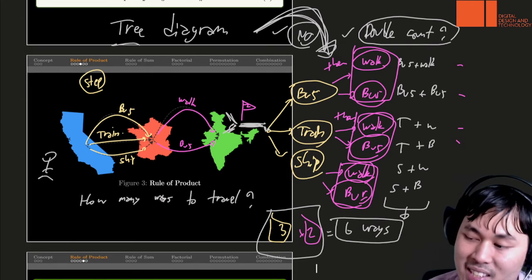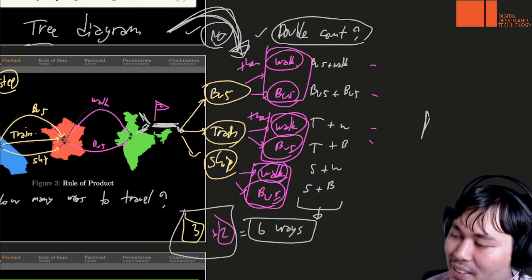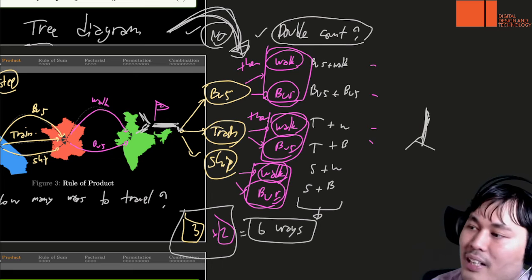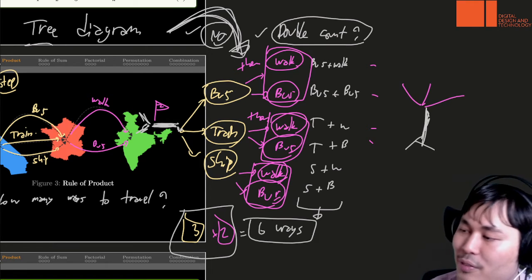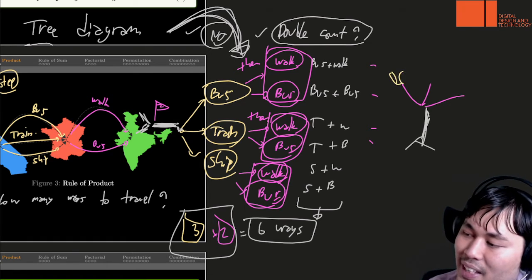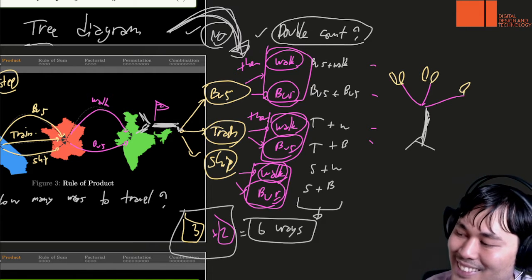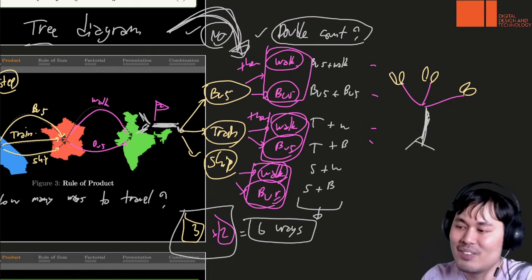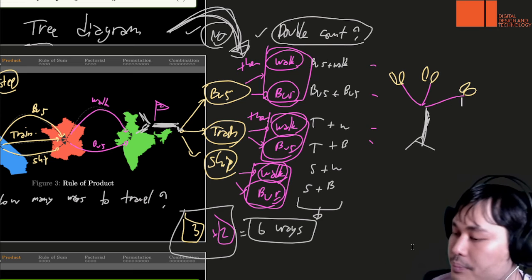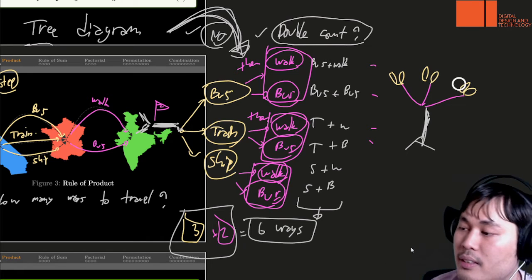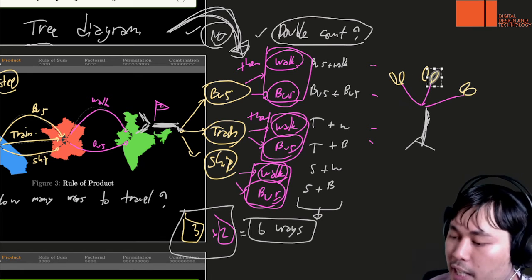You have to imagine that a little bit. That's a trunk where we start, and this has 3 different branches, and each branch has 2 leaves. And that's kind of a proof of why we have a rule of product.